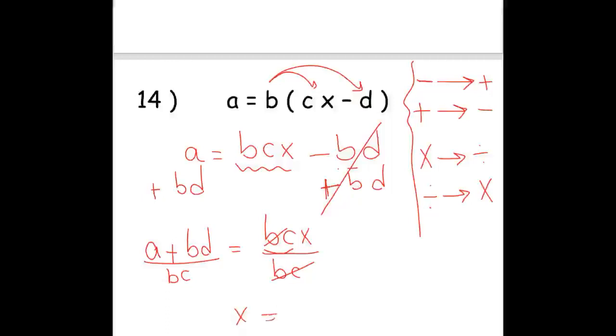So x will be equal to a plus bd over bc. So we should take care of inverse operations. We should finish all the parentheses that I have by distributing first before dealing with rewriting the formula. Thank you, and meet you again in another video.